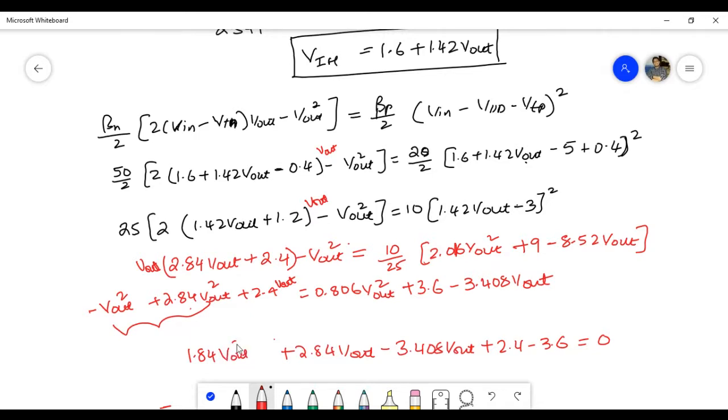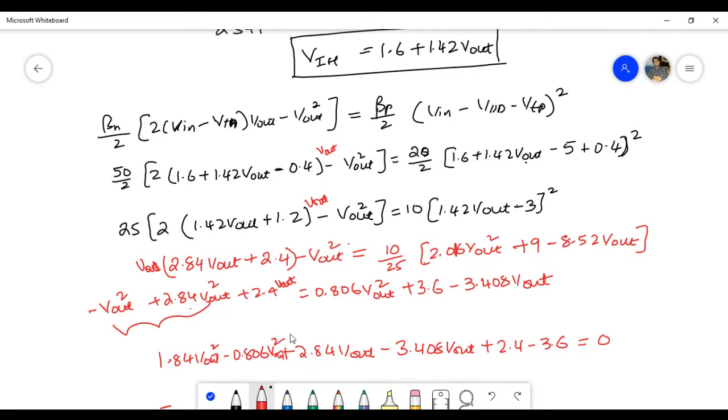V out square. This is plus. Sorry, let me write properly. So what you have here? This term will come here. So this will be 1.84 V out square minus 0.806 V out square.